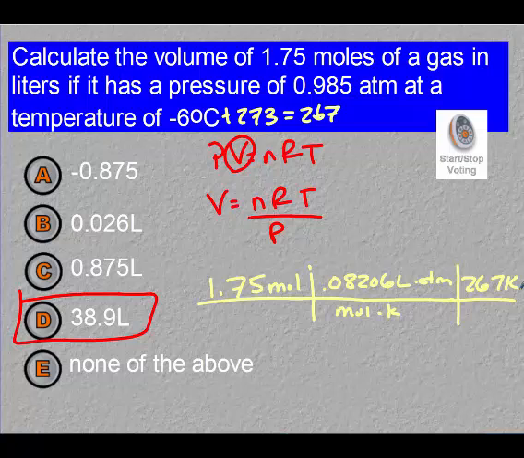So be careful of negative temperatures. And then our pressure was 0.985 atm. Everything should have canceled, except your liters, giving you 38.9 liters.